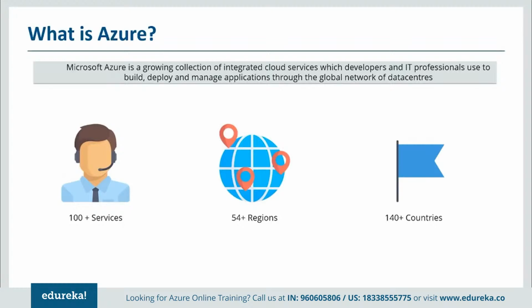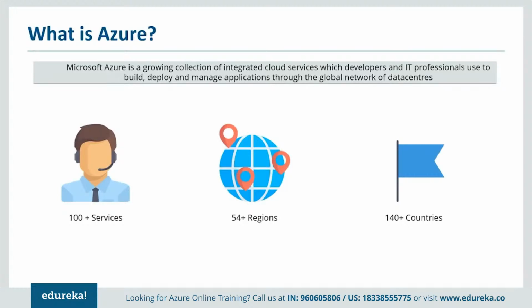And it is available right now in 54 plus regions. This means that you can imagine the kind of scale at which the cloud computing platform is getting built. A region means that it can be one particular country or a particular area in which a data center has been created. That is something at a very high level that's called a region. So overall, the Azure platform is available in lots of areas.